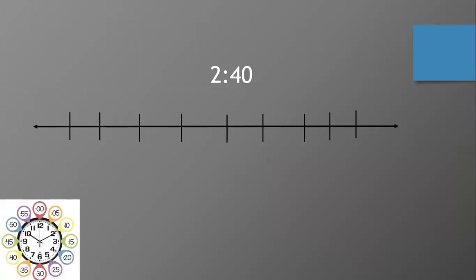We can do the same thing using our number line. We have plus 5, plus 10, plus 11, plus 12. And the times there are 2:45, 2:50, 2:51, 2:52.